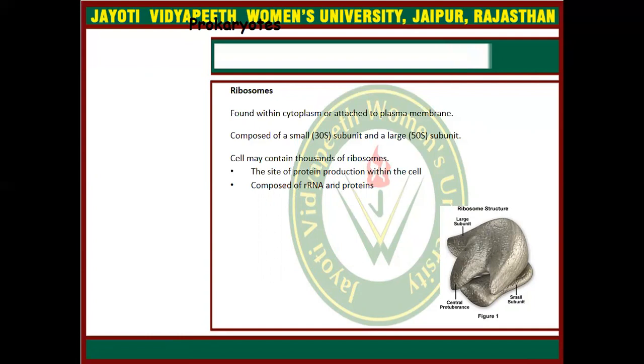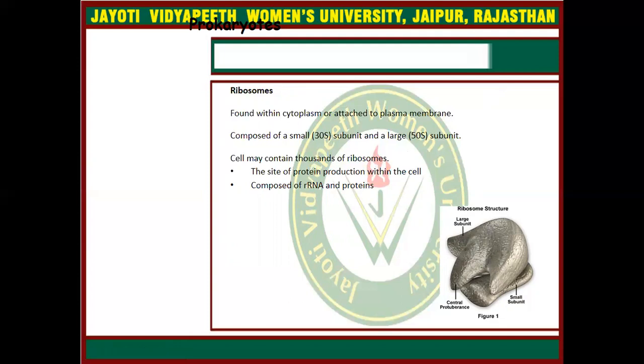Two kinds of subunits may be present: the small subunit and the larger subunit. In prokaryotes, the 70S type of ribosomes are present, which have two subunits, 30S and 50S. The ribosomes are involved in protein synthesis.